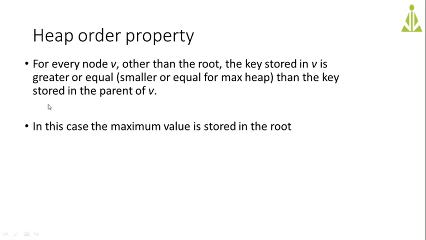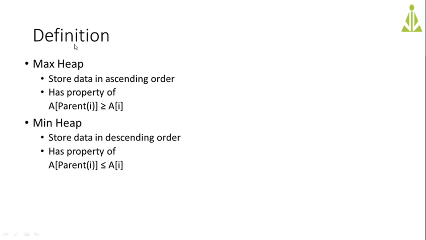So in the heap we are going to see two things, min heap and max heap, meaning minimum heap and maximum heap. Okay, so we are going to see which one should be in ascending order and which one should be in descending order. So the definition of this is max heap stores data in ascending order. Okay, remember this.